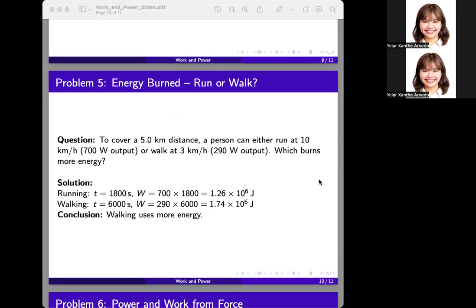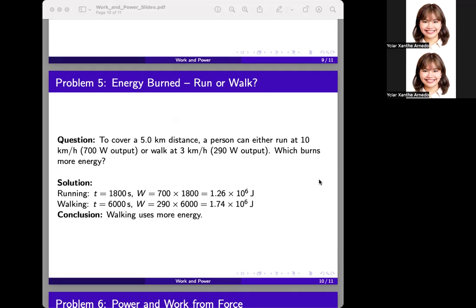Or you could walk it leisurely at 3 kilometers per hour, which uses energy at 290 watts. Which choice would burn up more energy? And how much energy in joules would it burn? Why does the more intense exercise burn up less energy than the less intense exercise?